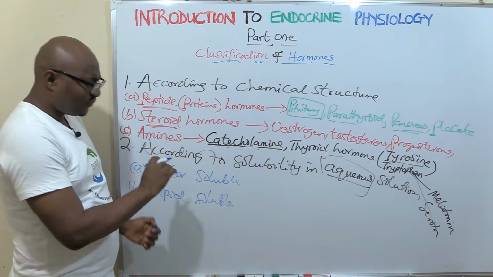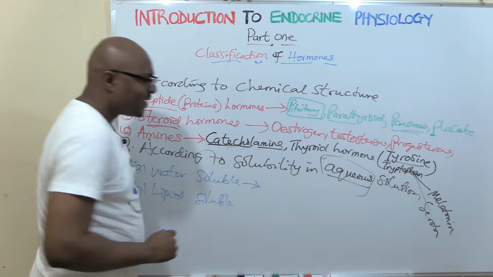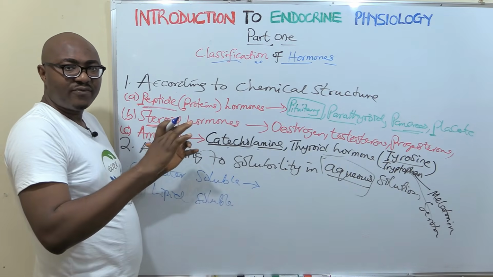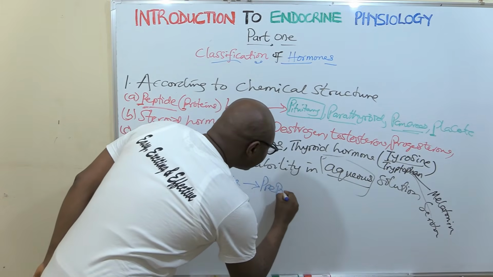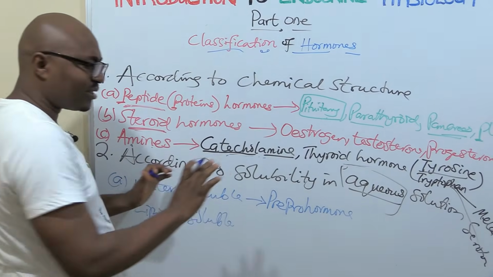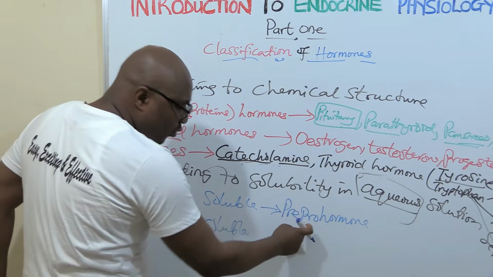So there are two facts. One of them is that these hormones are not synthesized initially in their final form. You have what we call pre-pro hormone. This is how the endoplasmic reticulum initially synthesizes them. Pro hormone.